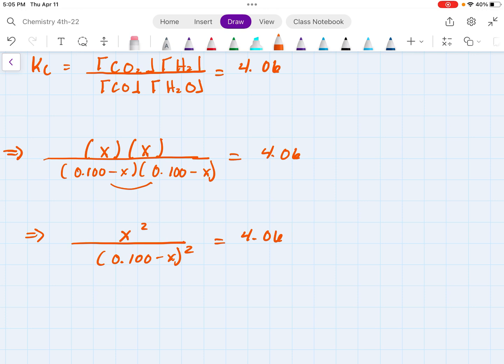So how do you undo a square? You take the square root. So I'm going to take the square root of X squared over the square root of 0.100 minus X squared, which is equal to the square root of 4.06.